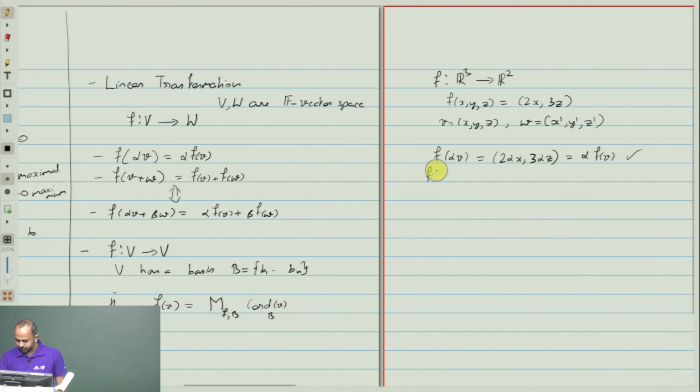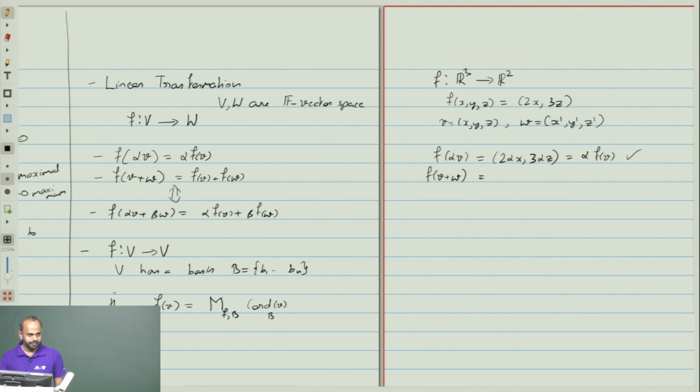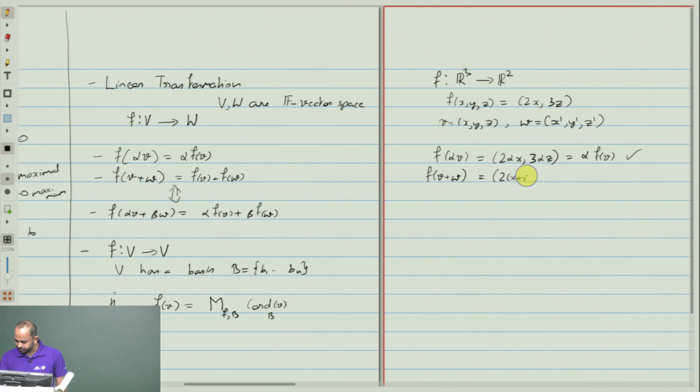So what about f of v plus w? v plus w is x plus x prime, y plus y prime, z plus z prime. So this will be 2 times x plus x prime, comma 3 times z plus z prime, by the definition of f.